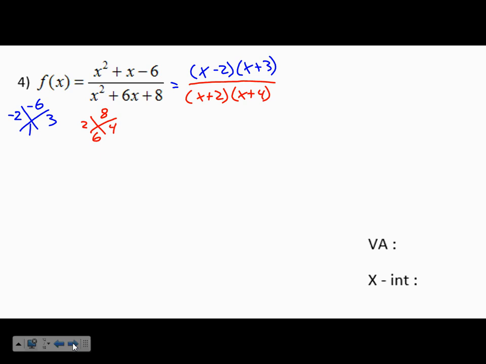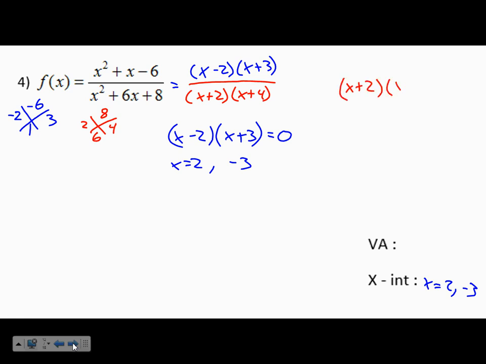So now, let's do our x-intercept first, since that's what we've been doing. What makes x minus 2 and x plus 3 equal to 0? Well, that's good. Positive 2 and negative 3. Hopefully you guys are getting pretty decent at those. x equals 2 and negative 3. And what makes x plus 2 and x plus 4 equal to 0?